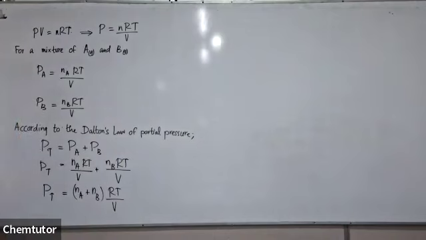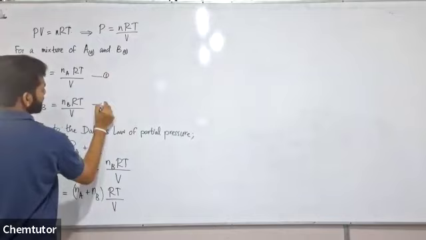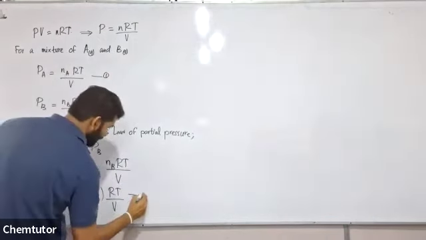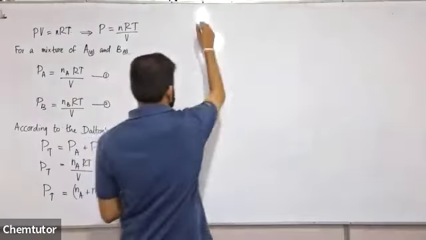Okay. Now we can get the ratios between them. Let's say this is 1, this is 2, and this is 3. We can divide 1 by 3.